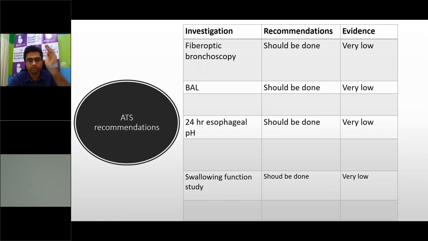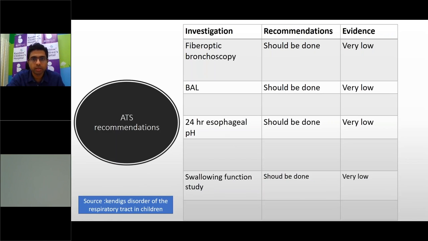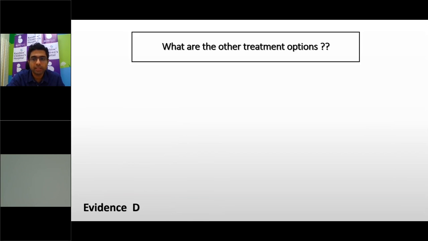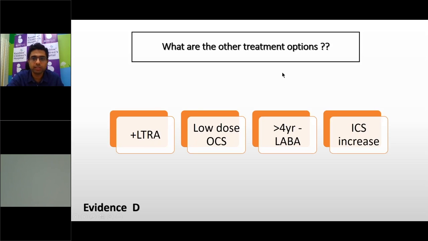This is only when we are in step 4 on double dose ICS with no response. So always before doing investigations, rule out mimics. That should always be in our mind. So when the child is in step 4, that is when you have referred, what are the other treatment options? You can consider adding leukotriene antagonists, montelukast.